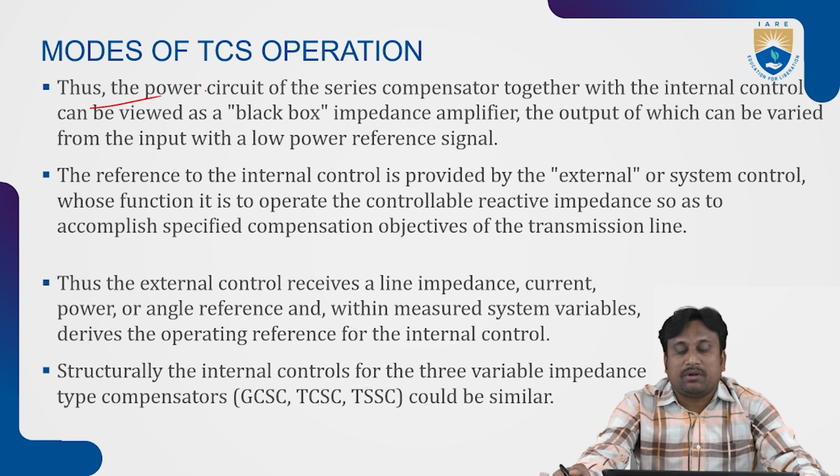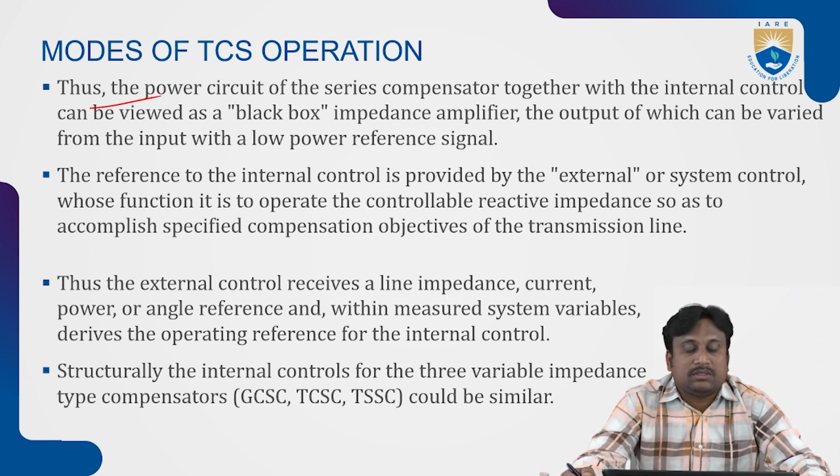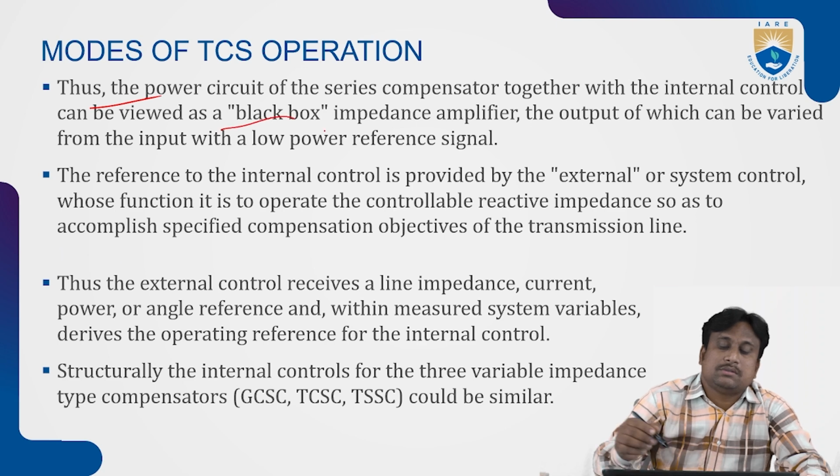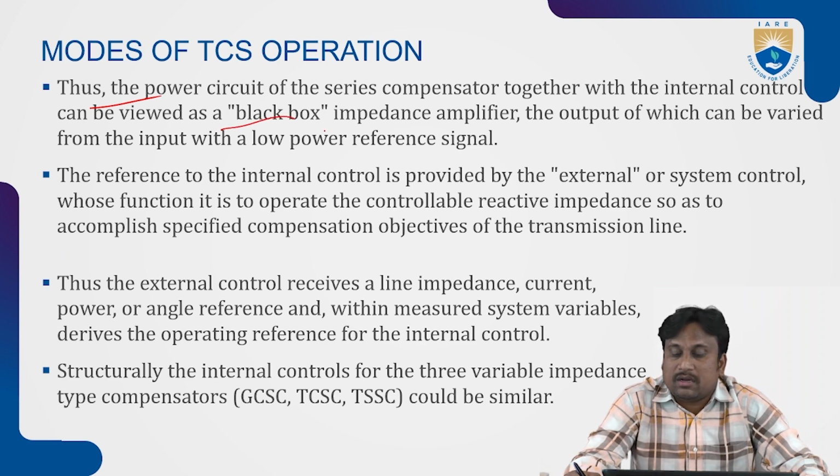So the power circuit of the series compensator together with the internal controls can be viewed as a black box, an impedance amplifier, the output of which can be varied from the input with a lower power reference signal.